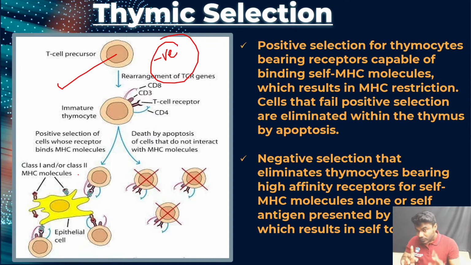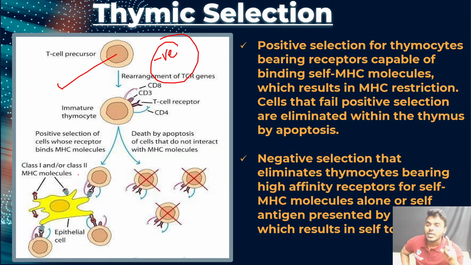That's all. Friends, what I am saying is, whenever a T cell interacts with the self-MHC, it should not interact for a longer time. What do you mean by that? Which means our T cells should not show higher affinity towards the self-MHC. Once again, listen.